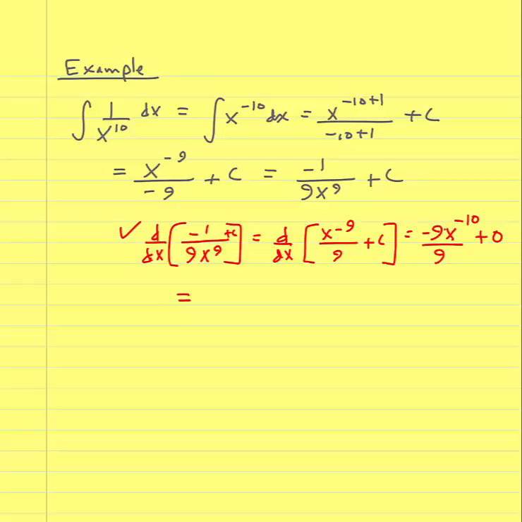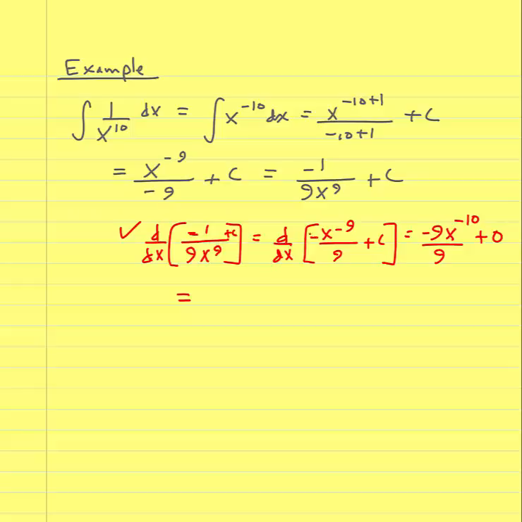Simplifying this, it looks like the 9's cancel. Whoops, up here, this negative is in the denominator. It's flipped up into the numerator, so we have to keep track of that as well. If you notice, when I rewrote this and flipped the x to the negative 9 up top, I forgot to drag this negative sign along.